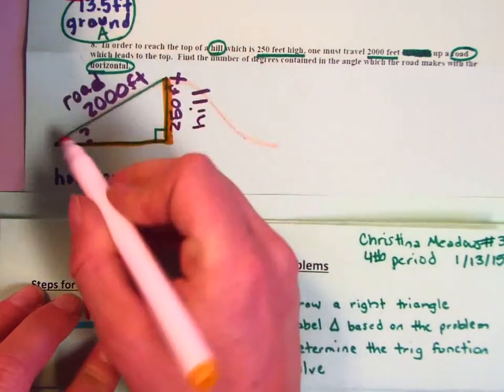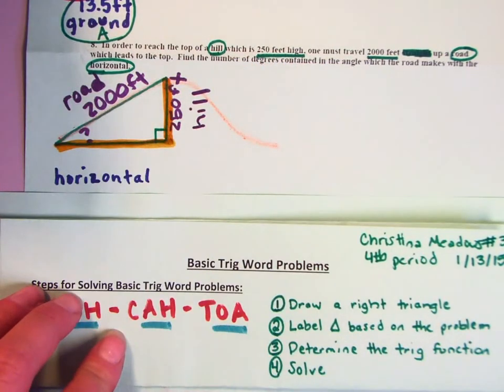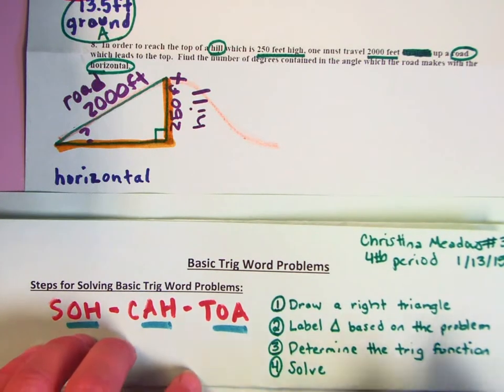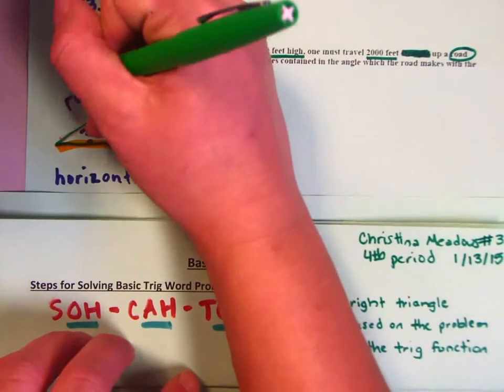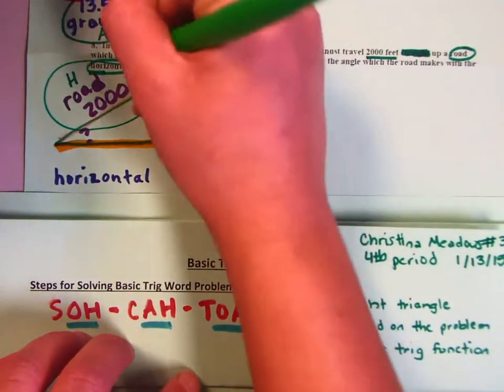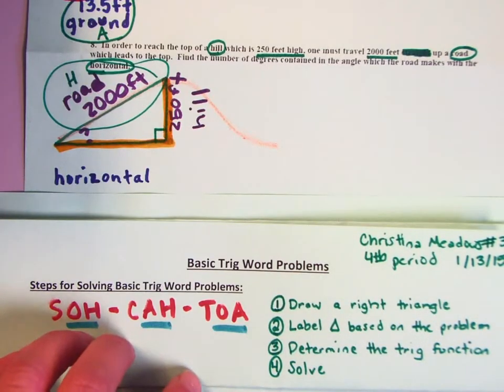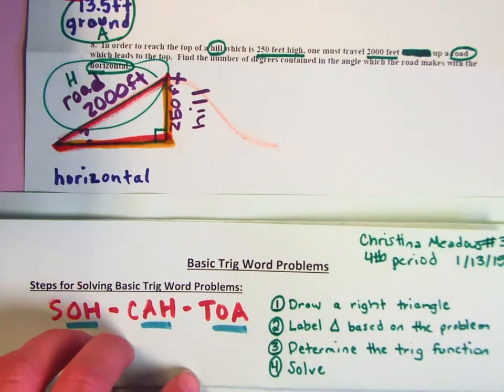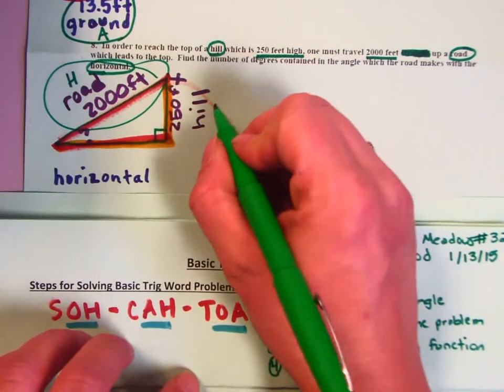If I shade the two sides of my right angle, I find that the hypotenuse is the road. If I shade the two sides of my angle in question, I find that the opposite is the hill.